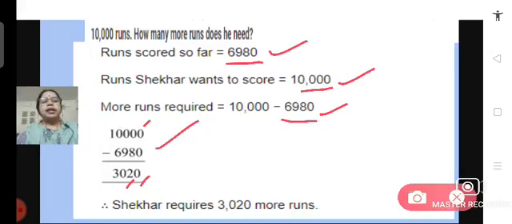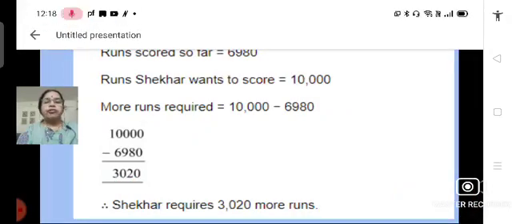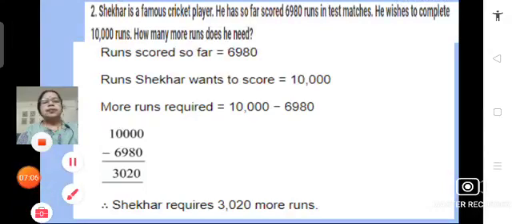So 9 minus 9, we get 0. And in thousands place it is 9. So 9 minus 6, we get 3. So it is 3,020 more runs. So Shekhar requires 3,020 more runs to complete his target of 10,000 runs.